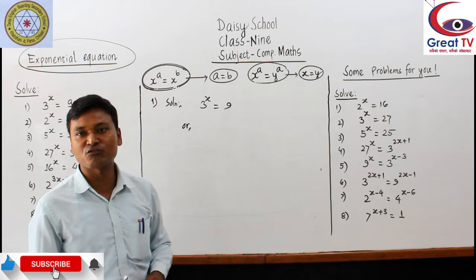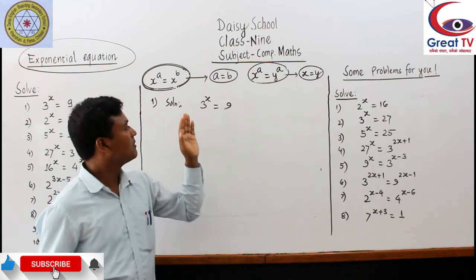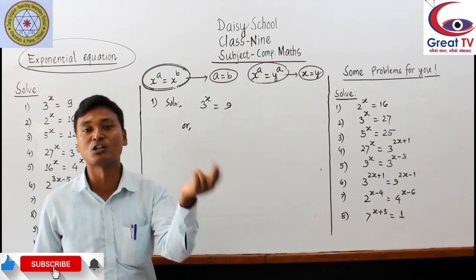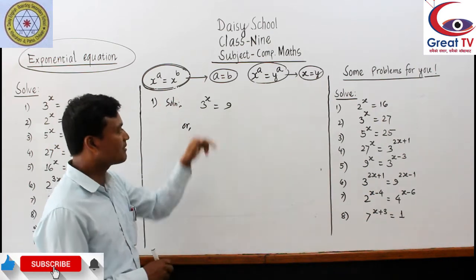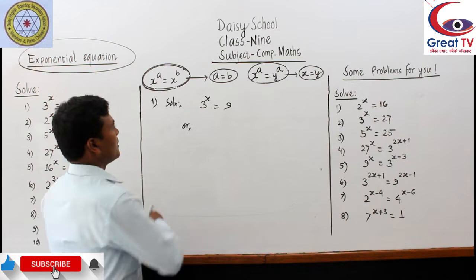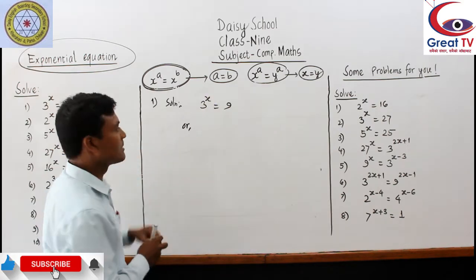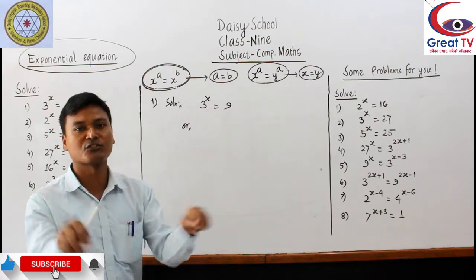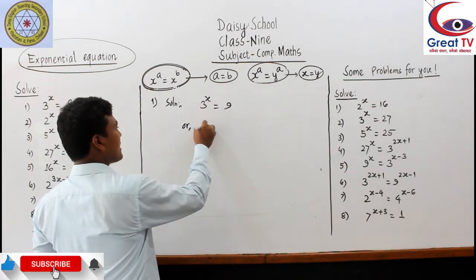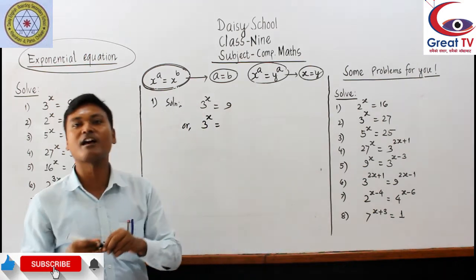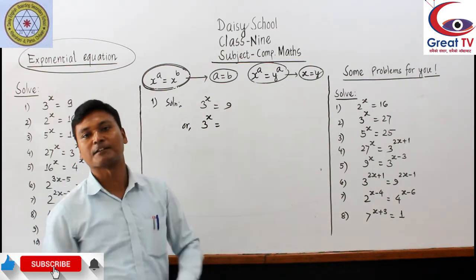On the left side we have base 3. Let us try to make the right side also have base 3. So let us change 9 into some power of 3. Let us make both bases equal to 3. Left side we have 3 to the power x equals, right side, 9. And 9 you know very well, 3 square is equal to 9.